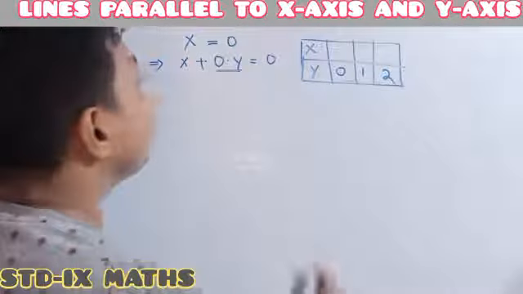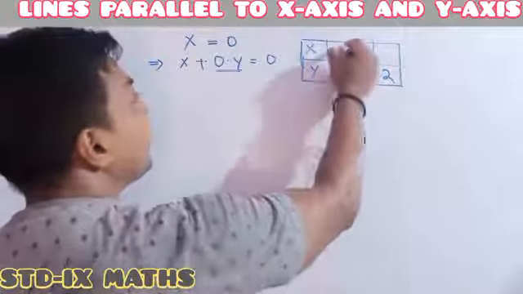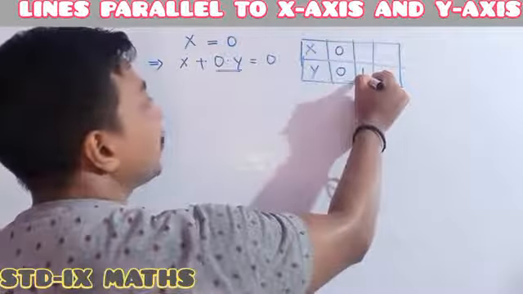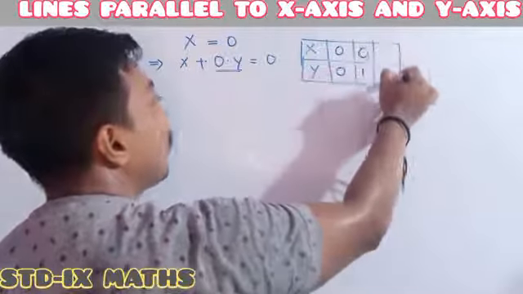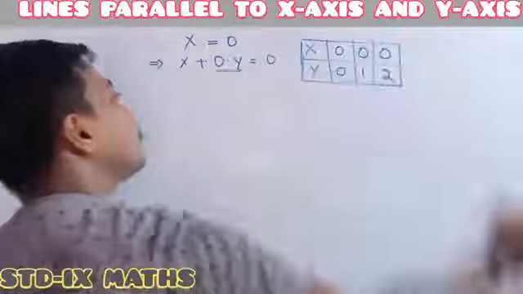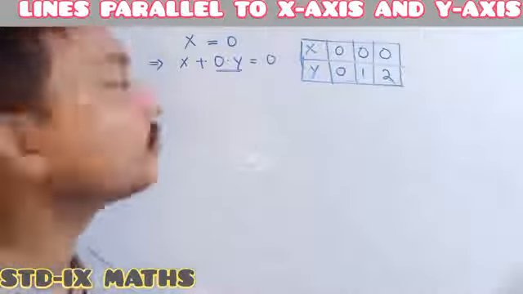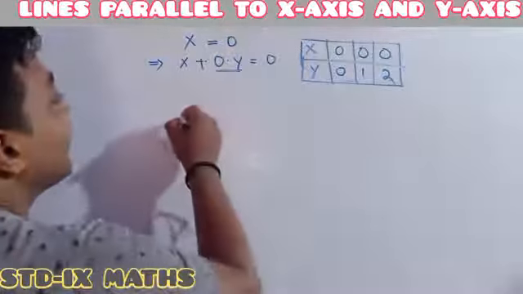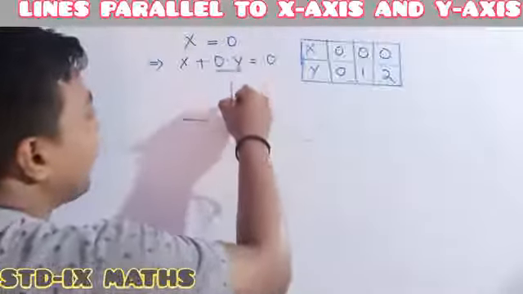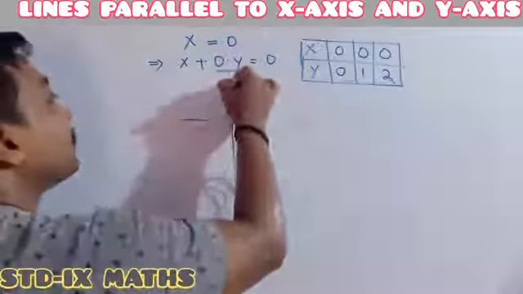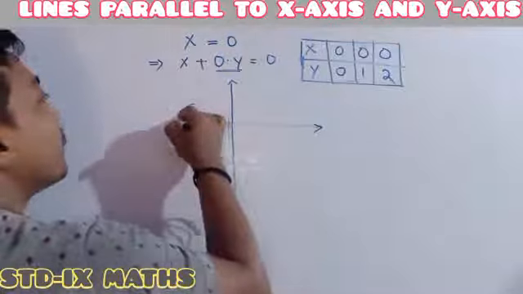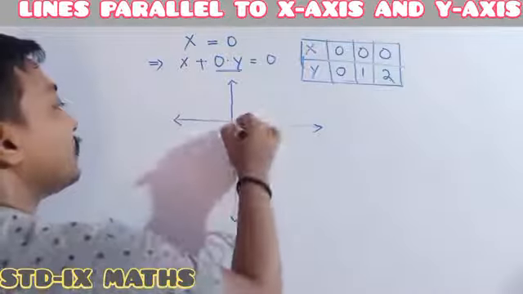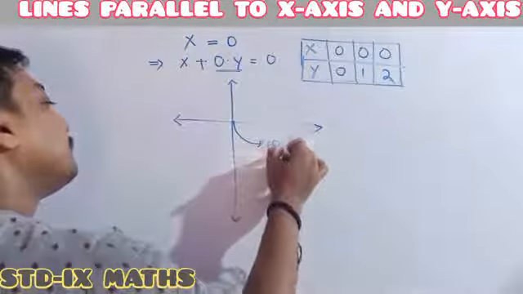So for y is equal to 0, x is equal to 0; y is equal to 1, this one is 0; y is equal to 2, it also becomes 0. Understood? So one thing is clear, whenever you do the graphical representation, first one is 0, 0. See, the 0, 0 point is the origin.